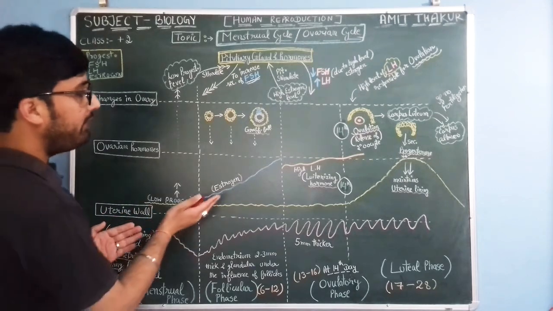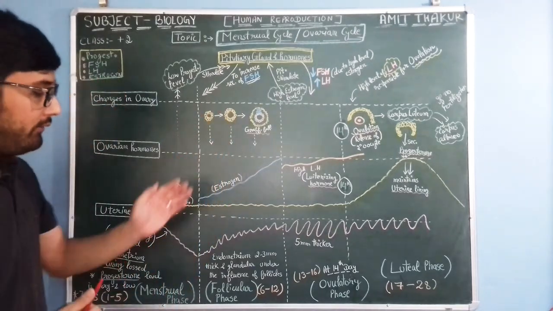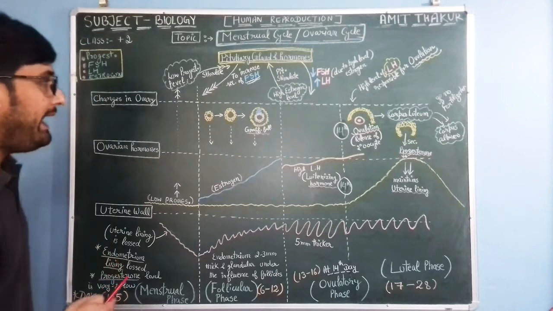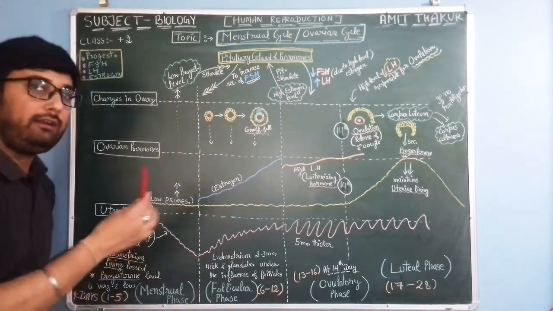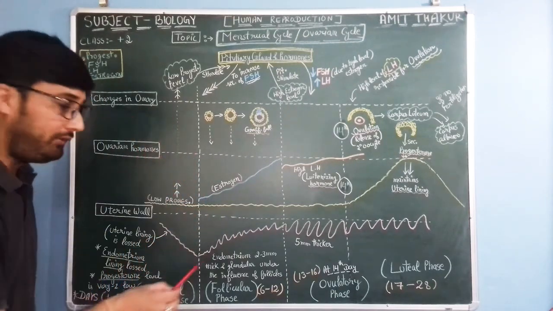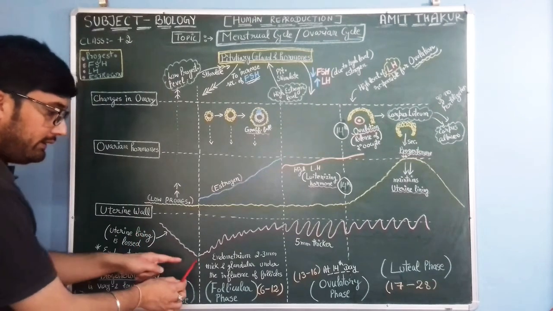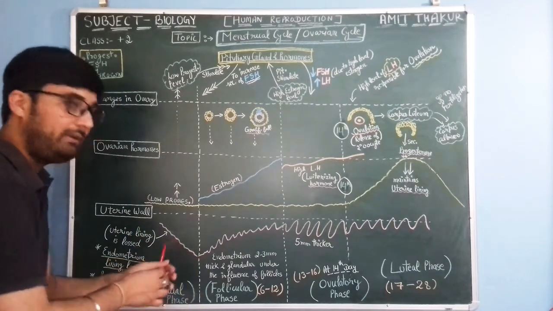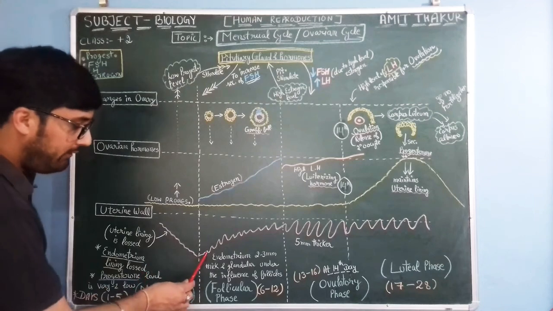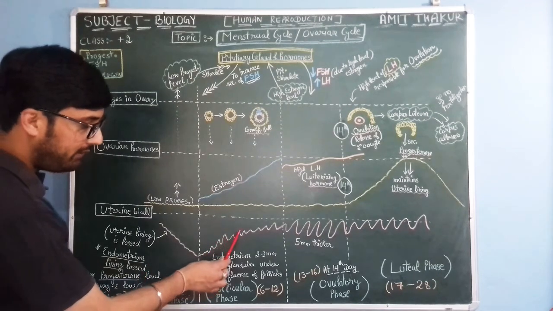Its level becomes very high during the follicular phase, and what happens to the uterine wall? It starts becoming thick.